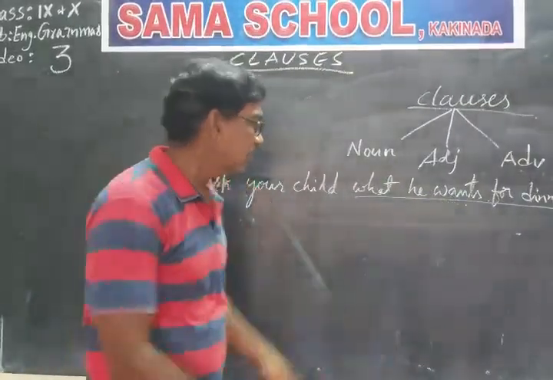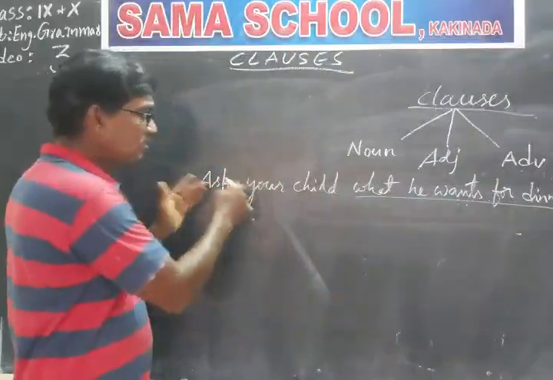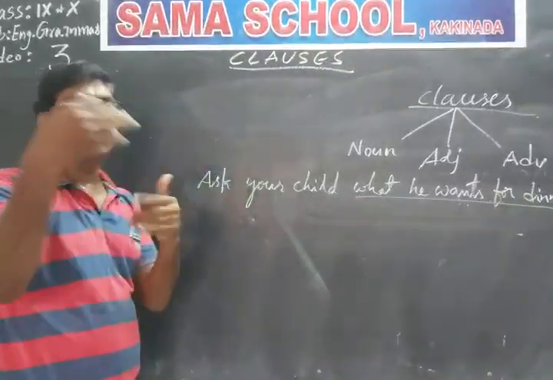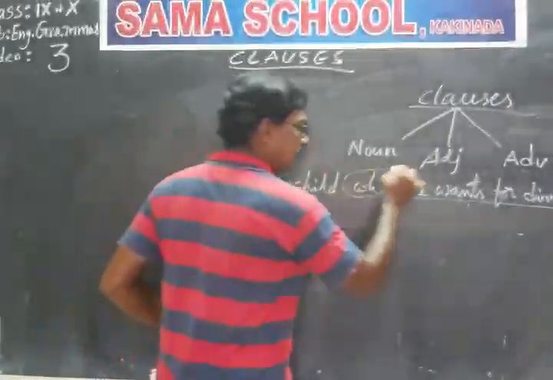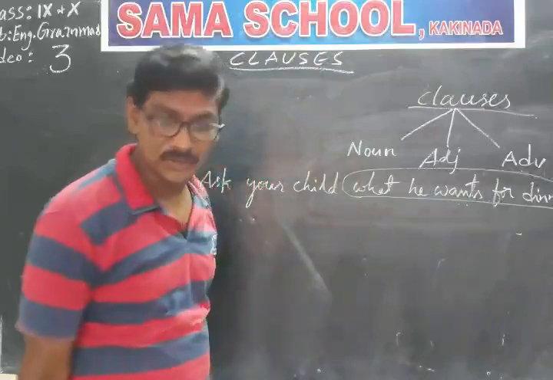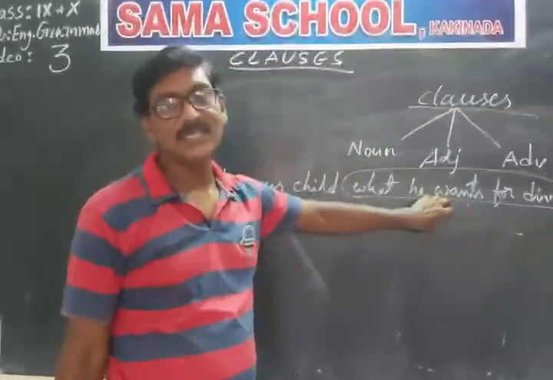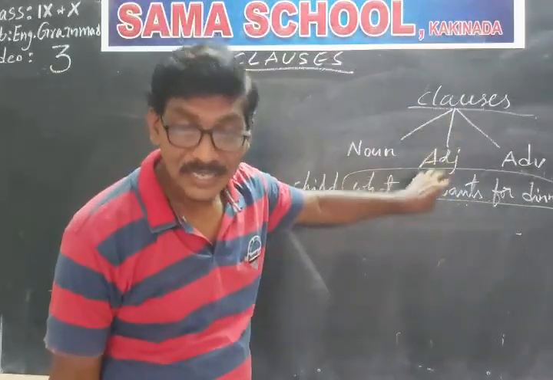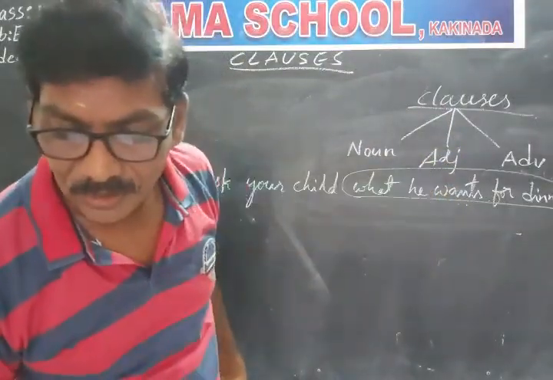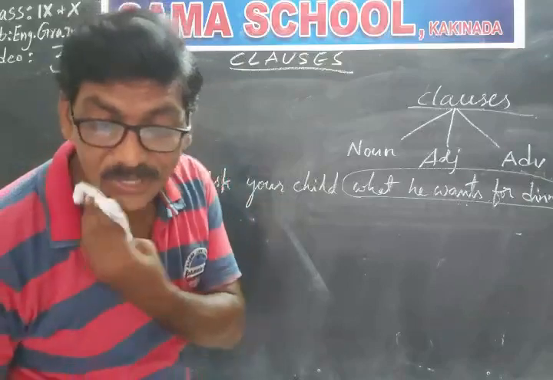What is he asking the child? What he wants for dinner. So this whole clause plays the role of a noun. It is in the place of a complement, playing the role of a noun in the sentence. And one more example I will tell you.